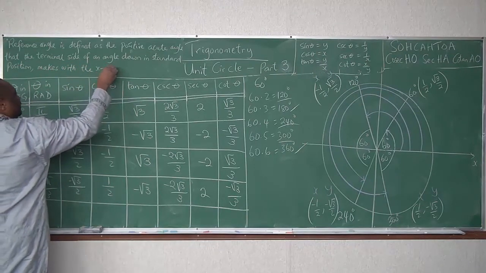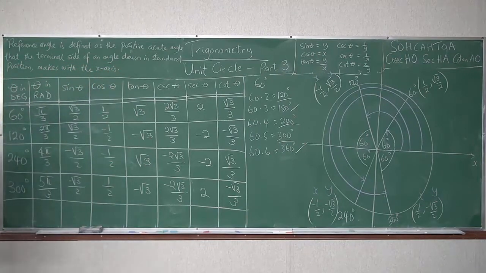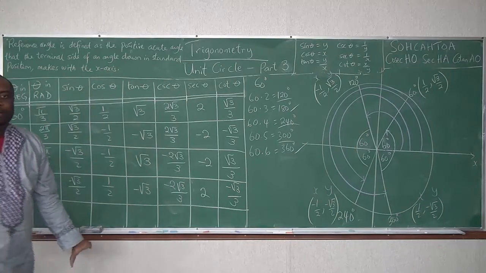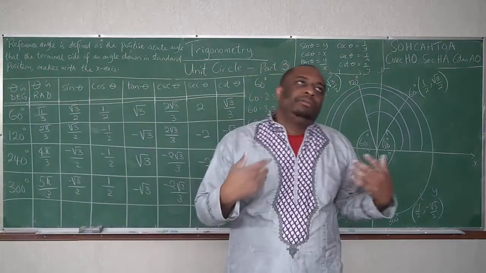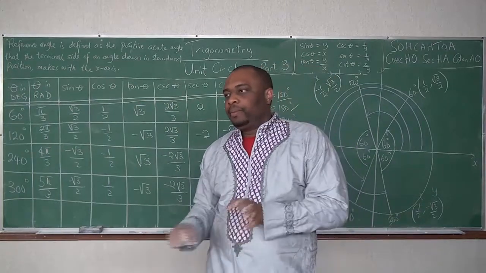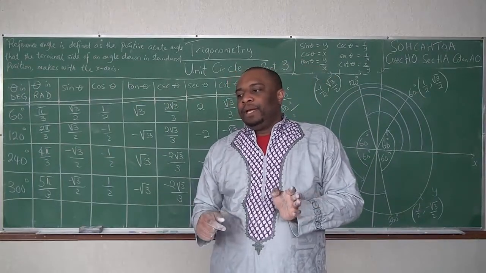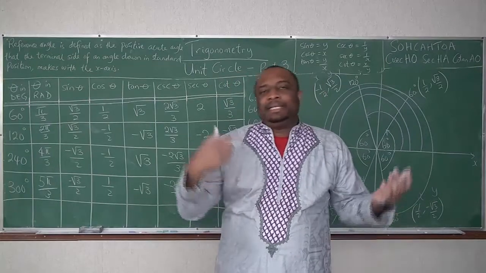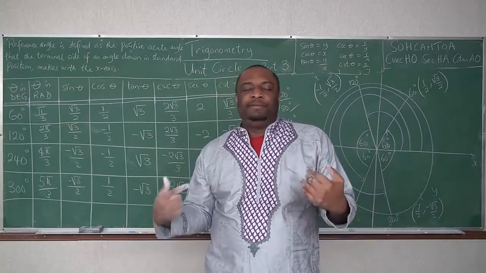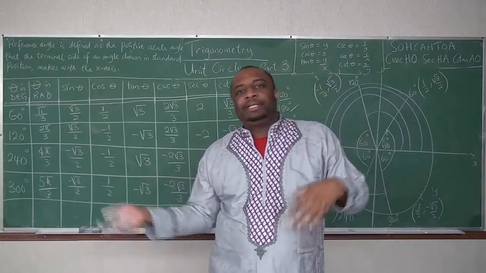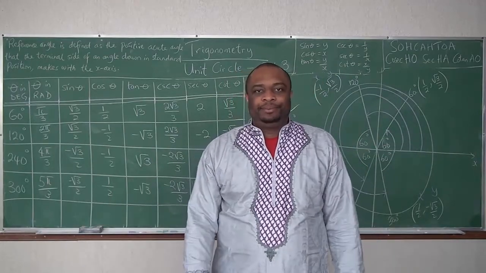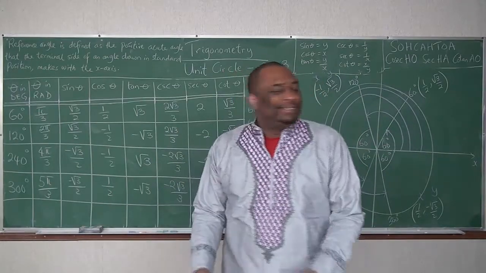It could be positive x-axis or negative x-axis. Another way you can define it is, given an angle drawn in standard position, the reference angle is defined as the positive acute angle which the terminal side of the angle makes with the x-axis. Define it your own way, okay?